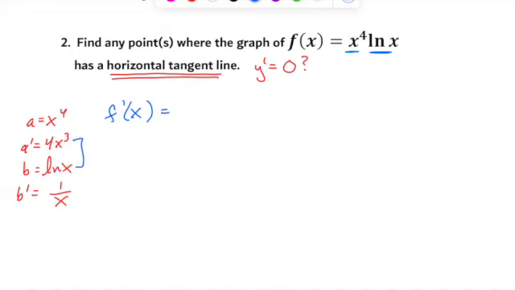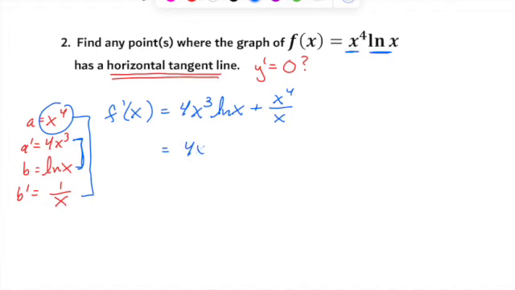So when you use your product rule, you get 4x cubed ln of x plus, when you multiply x to the 4th times 1 over x, it works out nicely: x to the fourth over x, which reduces to x cubed.